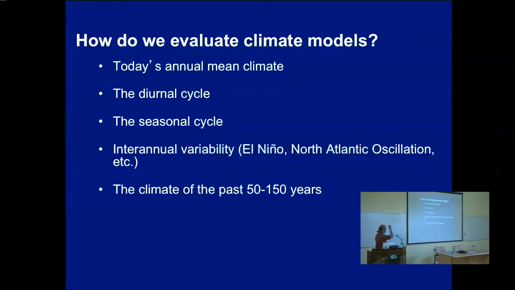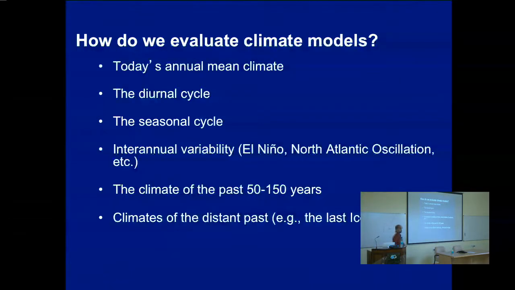Then we also look to see how it has simulated climate of the past. So this is where our historical run is evaluated against observed records of climate, right? Climate of the distant past, right? Like at the last glacial maximum. So you want to make sure that under completely different orbital parameters, different CO2 concentrations, the model is actually producing the glaciated Earth.